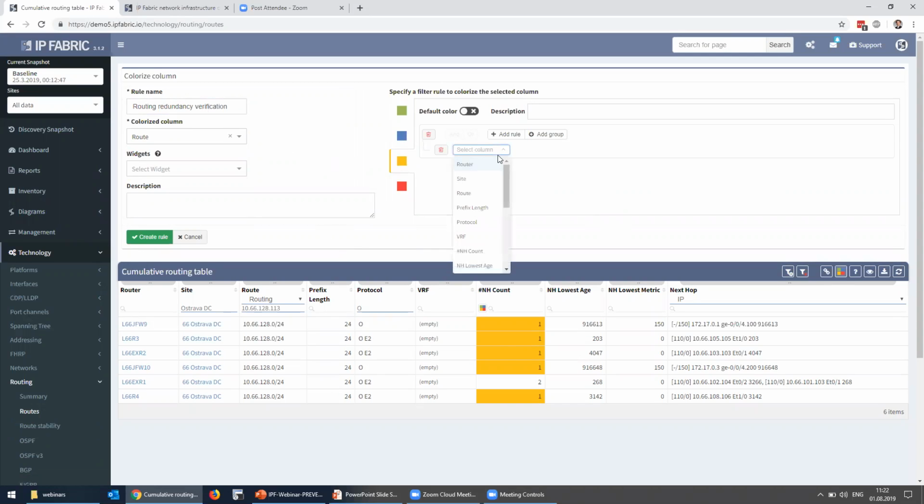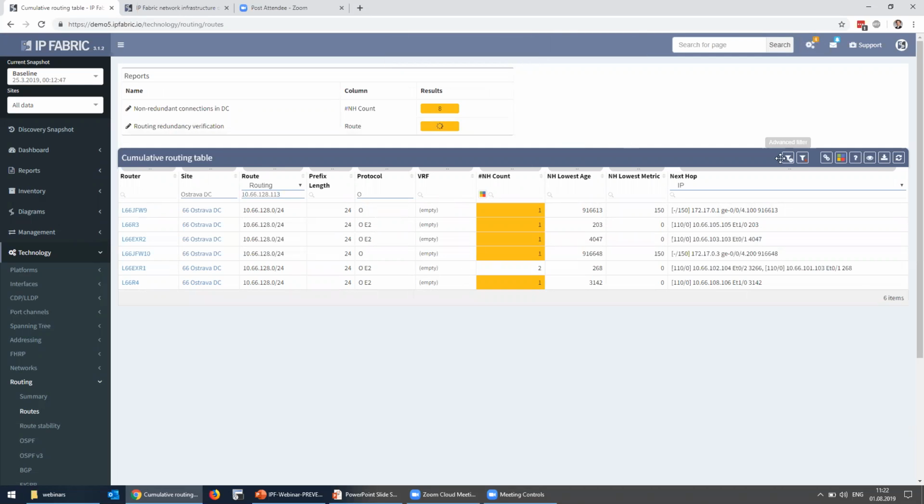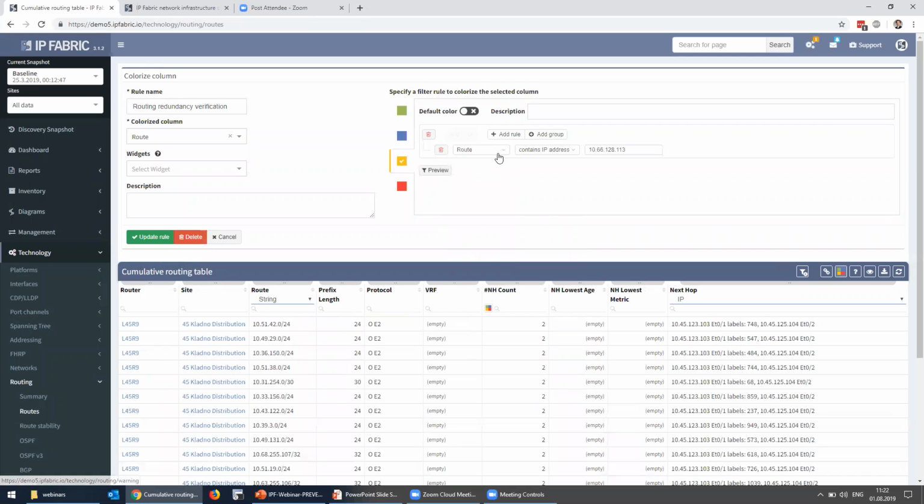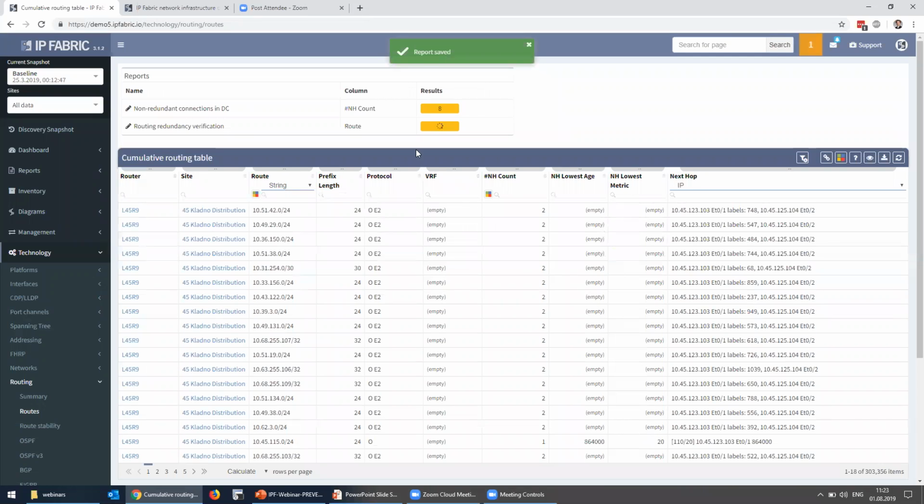If a route to a particular IP address has next hop count less than 2, and protocol contains OSPF, then we want to be warned about this situation.